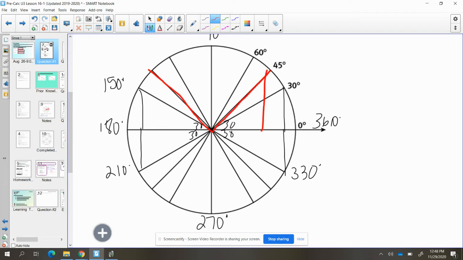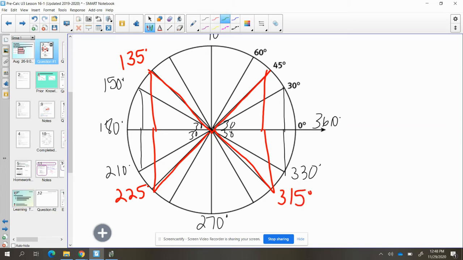So all the 45-degree reference angles can also be drawn in, and the process is the same. Think about how far you are from your x-axis. So we're at 45 degrees before 180, so that would put us at 135 degrees, beyond 180, 225, and before 360, 315.